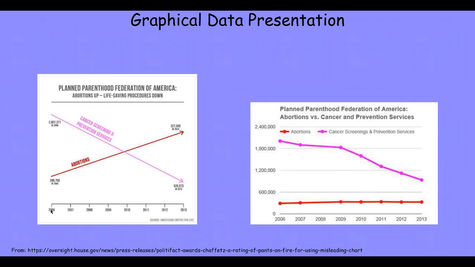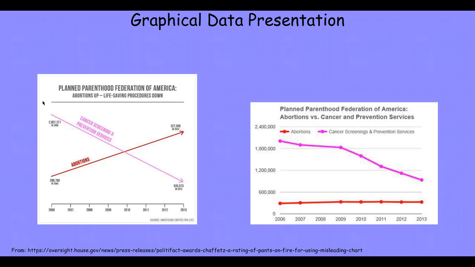When we look at this graph, it runs from 2006 to 2013, and during that time, abortions just seemed to skyrocket. Well, at the same time, cancer screening and prevention services seem to decline dramatically. In fact, they cross each other so that it looks like Planned Parenthood has become a service that primarily focuses on abortion and not on other women's public health services.